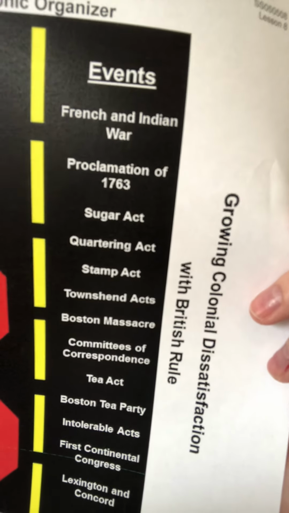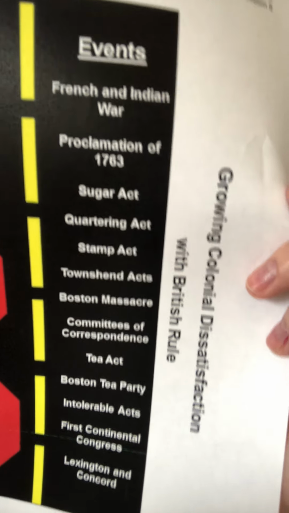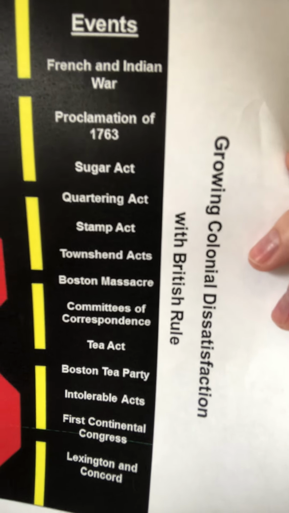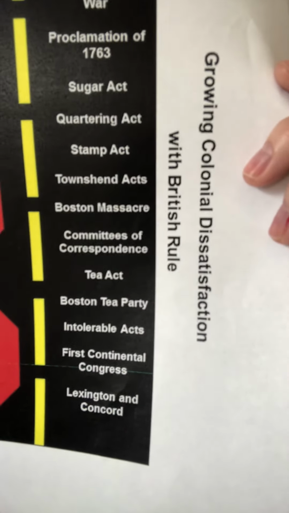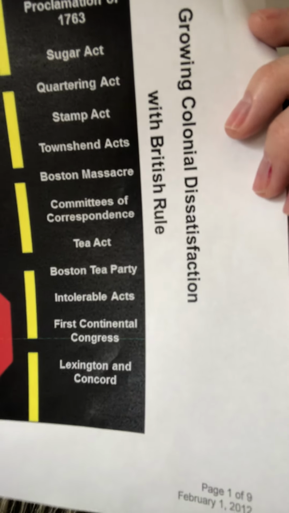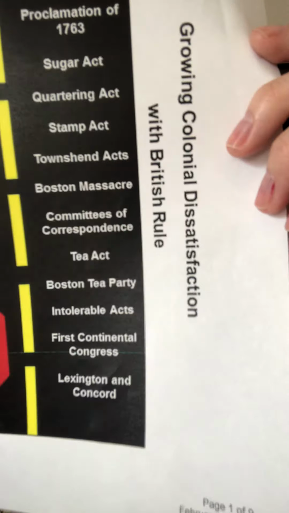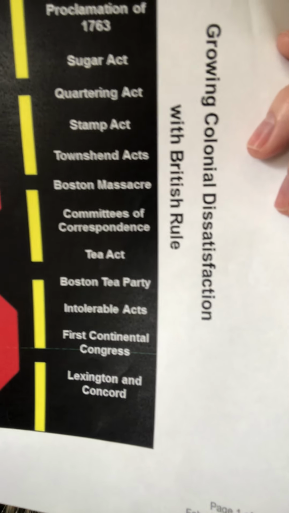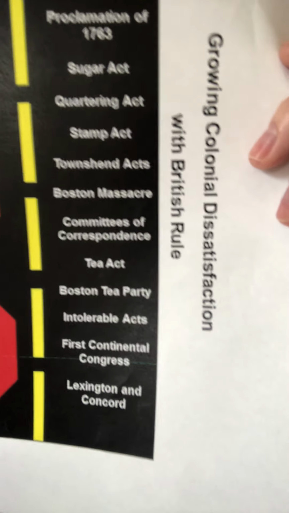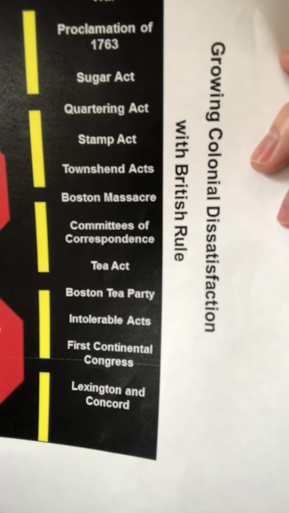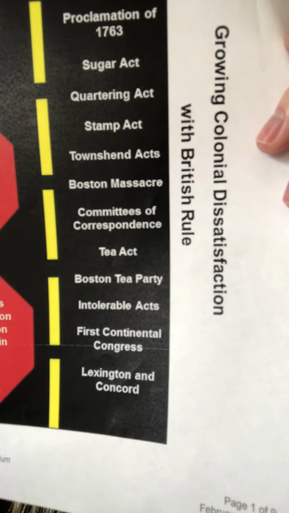So first we have the French and Indian War. Then we have the Proclamation of 1763, Sugar Act, Quartering Act, Stamp Act, and Townshend Acts. Then comes the Boston Massacre. Then you have Committees of Correspondence, which would be groups of people in the colonies who are trying to get messages or word to all of the colonies.